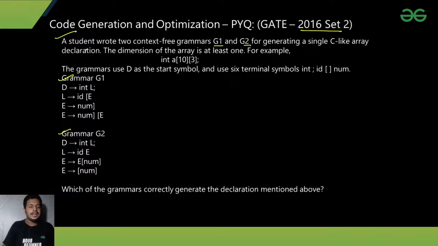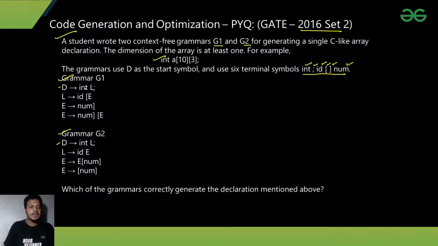The grammars use D as the starting symbol, and there are 6 terminals: int, semicolon, id, starting braces, ending braces, and num. So these are the 6 terminals the grammars are using.